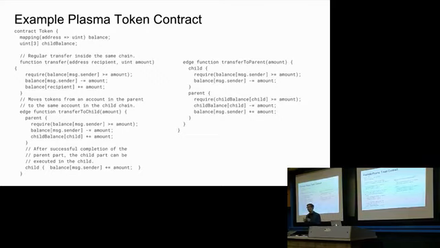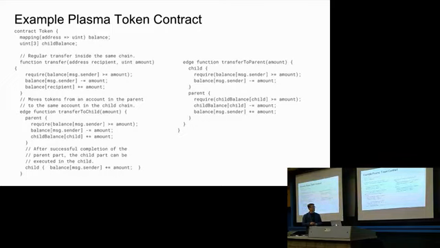So it will look into the state root of the parent blockchain and will request a Merkle proof to verify this implicit event that shows that the parent part was executed. And after that, it will execute the child part, and here the amount is just added to the balance of the sender.